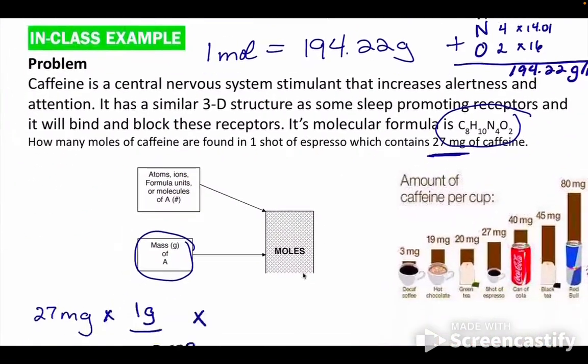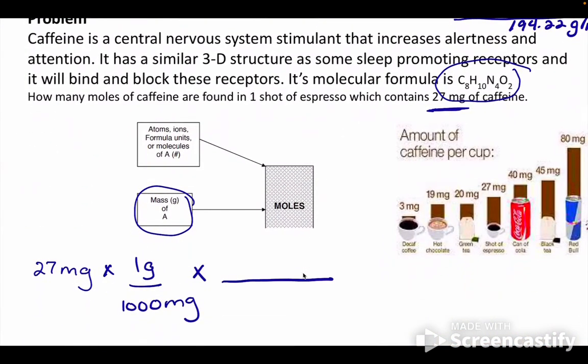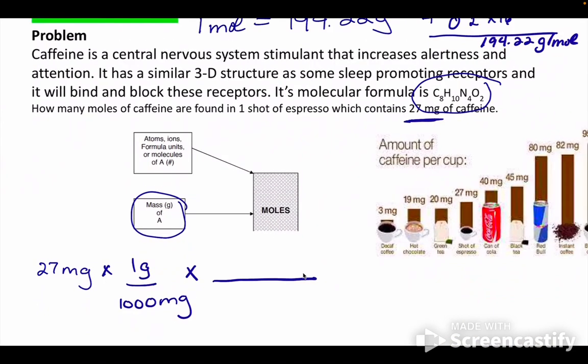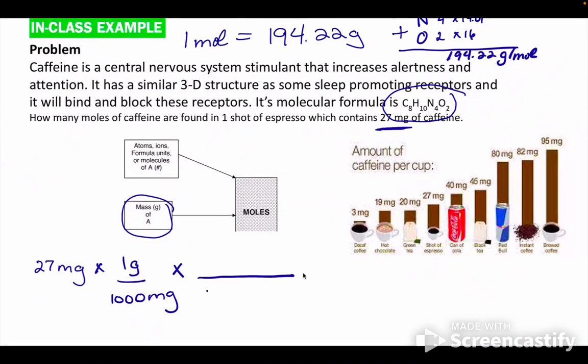So I'm going to write that down here as a conversion factor. I'm going to put the 194.22 grams on the bottom and the 1 mole on the top. And you can see that with the units, this works. The first thing was to get the milligrams into grams. Once I'm in grams, the grams will cancel, and I'm left with moles.